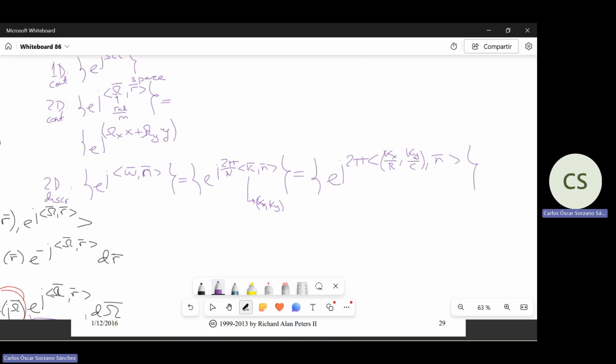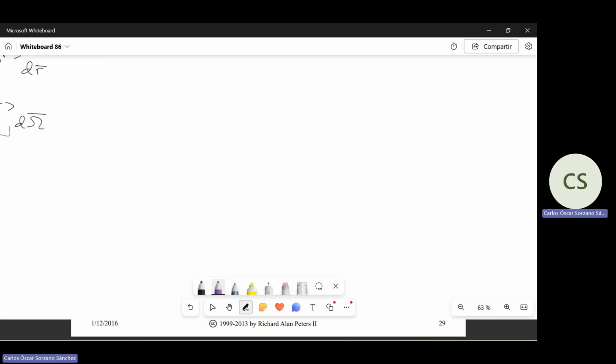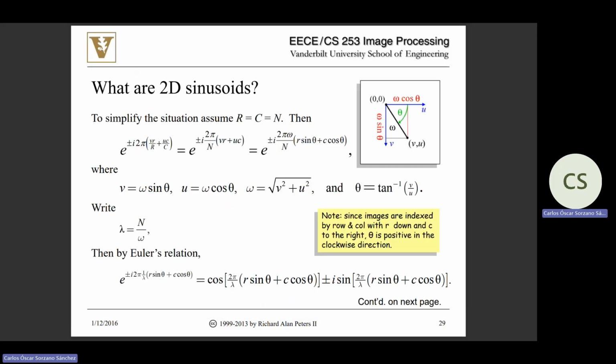I try to make it the same as what Ash is doing. So I have omega y, omega x. I have a point here that is my frequency, that is a vector. And I want to understand what frequency is that. So this is what he's doing here. It's the same plot.